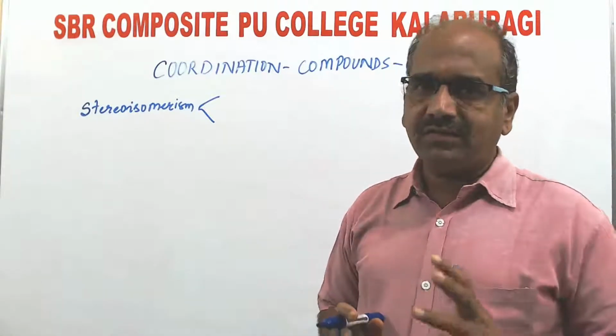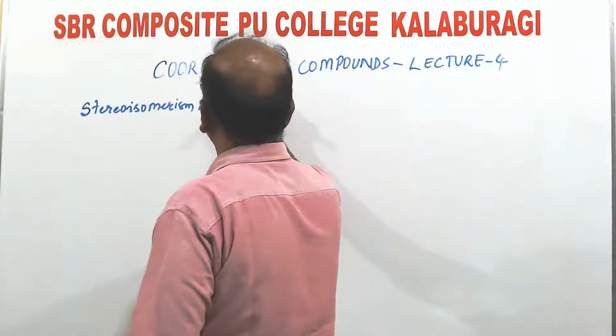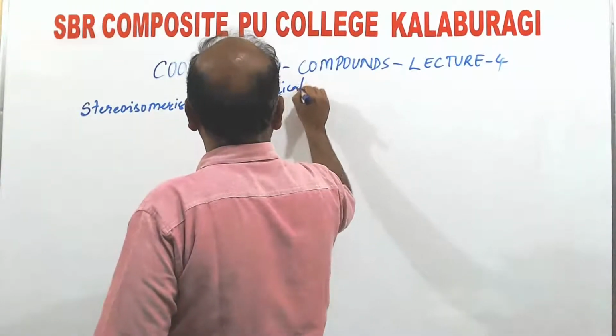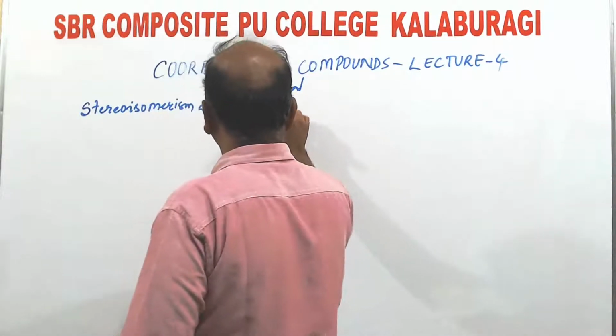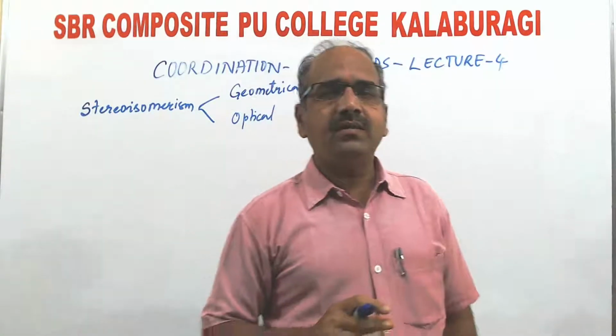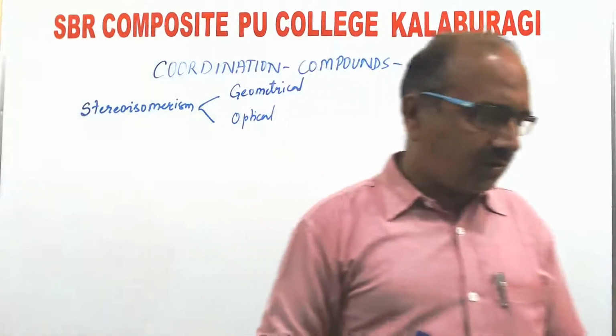Based on that, we have stereoisomerism. It is of two types: one is geometrical, and the other is optical. In geometrical we usually have cis and trans, and in optical we have D and L forms, fac and mer forms, all those are there.